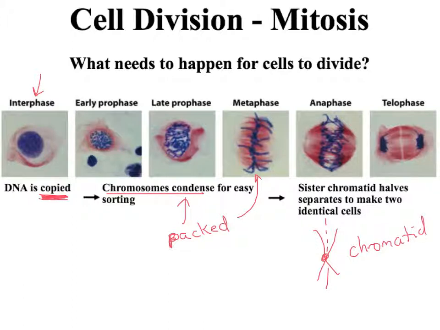Because they're identical, they're called sisters. So each sister chromatid goes to opposite ends of the cell during these two processes, anaphase and telophase. Once that's done, the cell divides and the chromosomes can unpack and become diffuse.